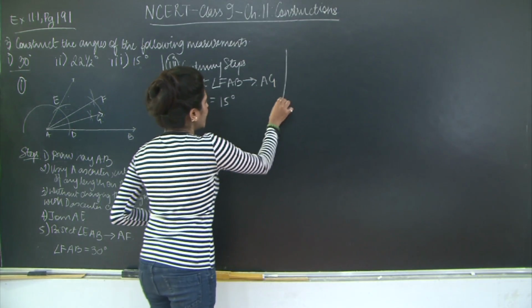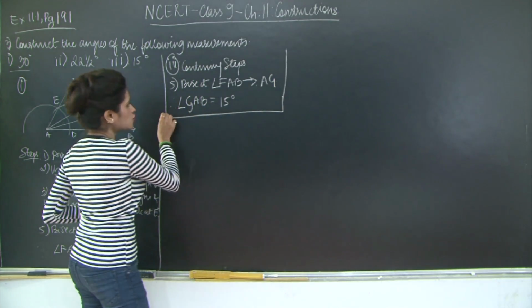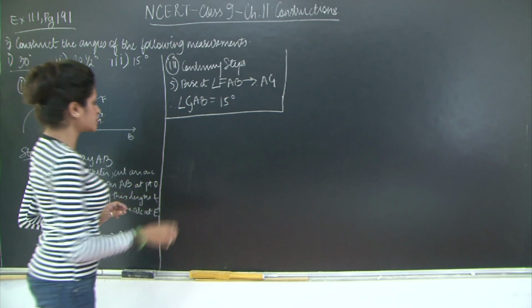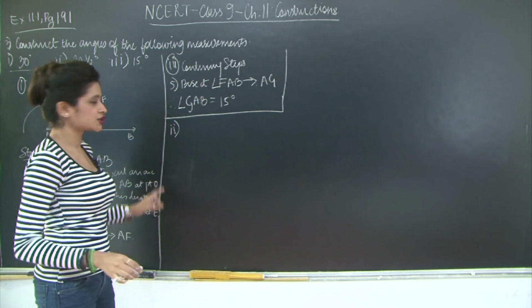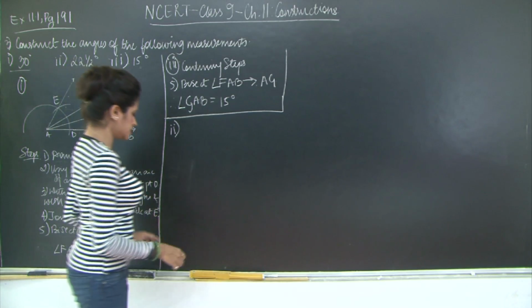Now we will go ahead and solve question number 2, which is for 22.5 degrees. For this you need to know the construction for 90 degree angle.